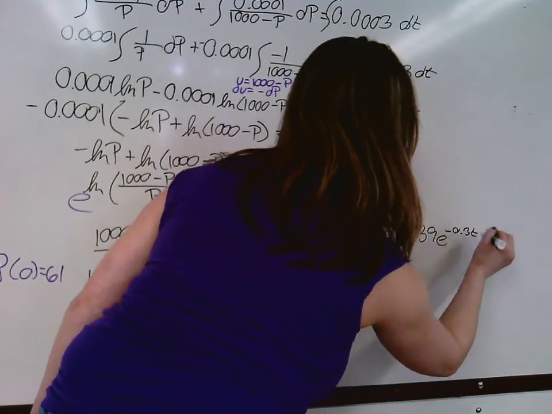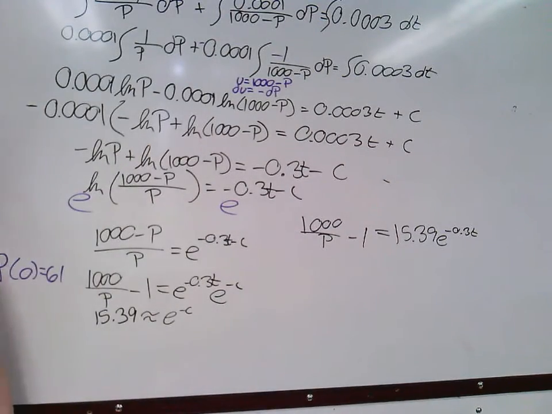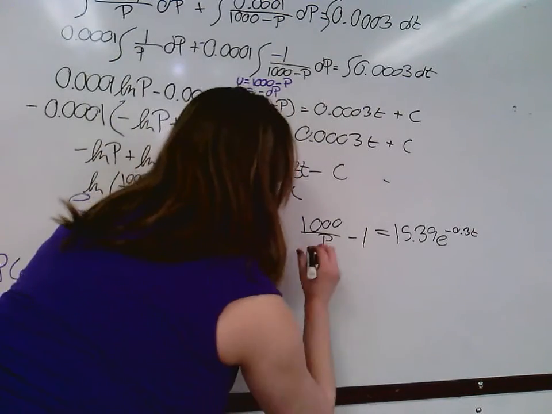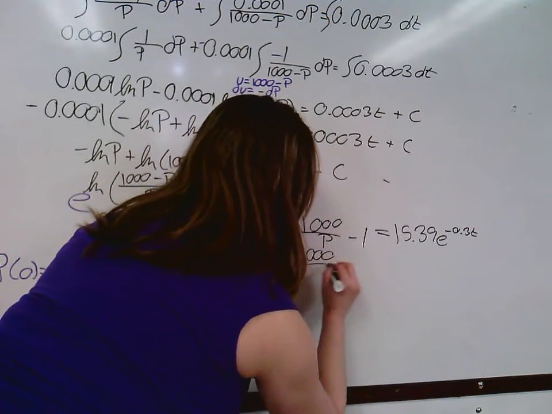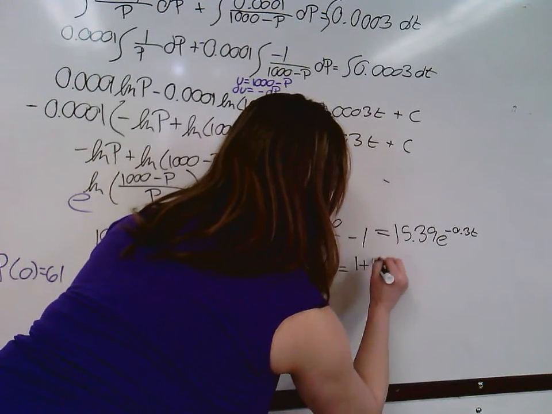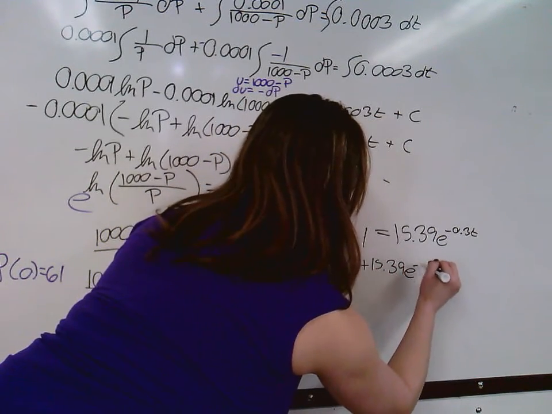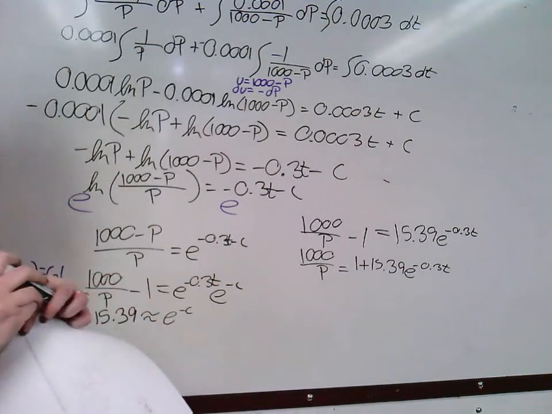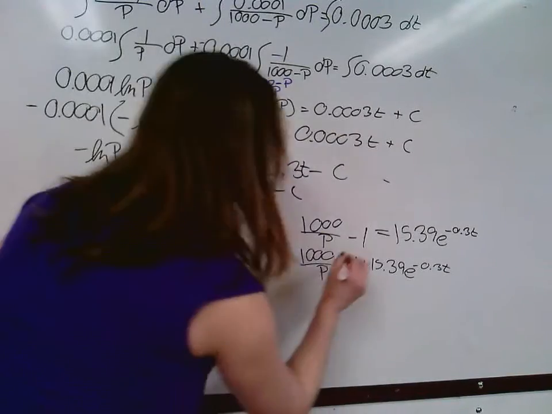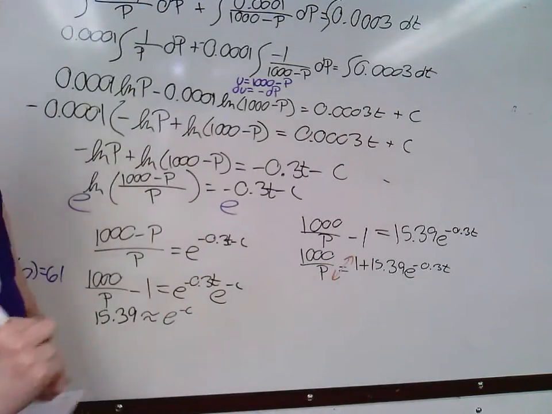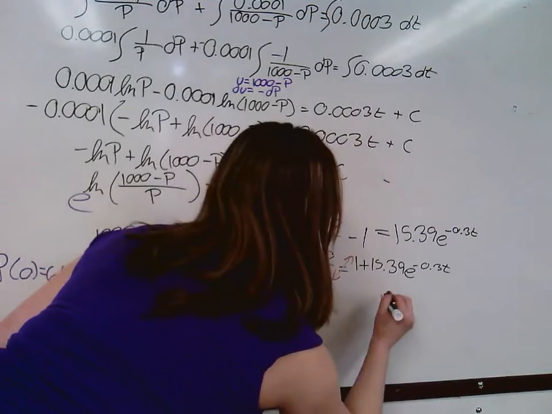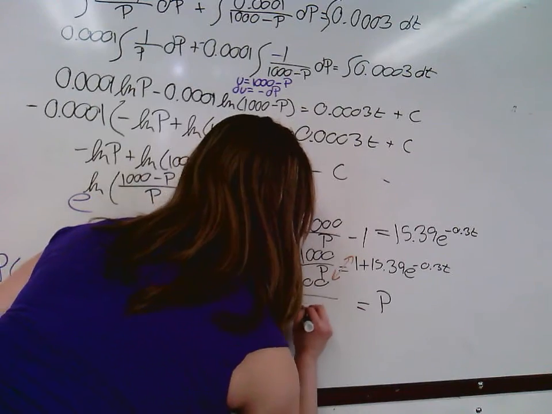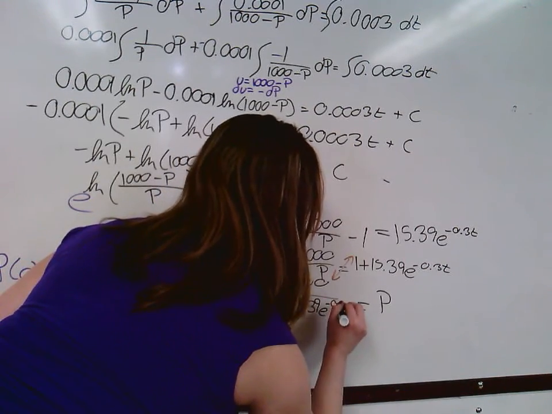I don't want my constant to be after the e. Okay, solving for p, add 1 to both sides. So you get 1,000 over p equals 1 plus 15.39 e to the negative 0.3t. Okay, and now you're just going to do an equivalent fraction. You're going to switch these two. So p is going to equal 1,000 over 1 plus 15.39 e to the negative 0.3t.